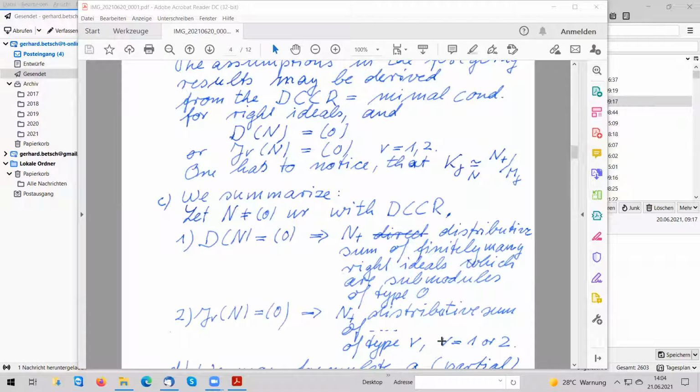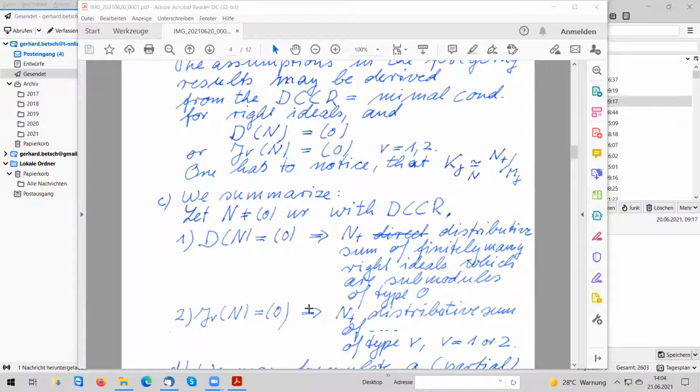Let us summarize. Let N be a non-zero near-ring with descending chain condition on right ideals. If we have Dn equals 0, then N plus, and we can reformulate this to DCCR and this intersection. We can reformulate this to this condition ds.